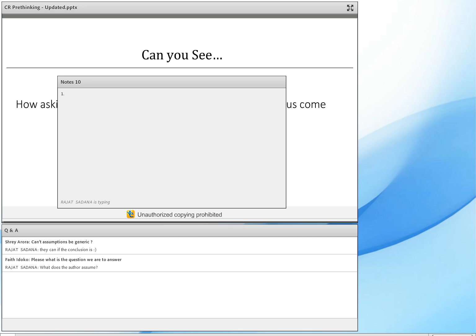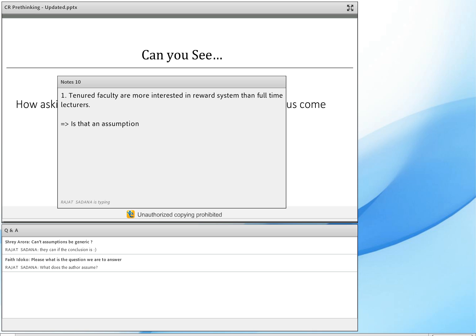The assumption really said is, tenured faculty are more interested in the reward system than full-time lecturers. Let me just increase the font size over here.